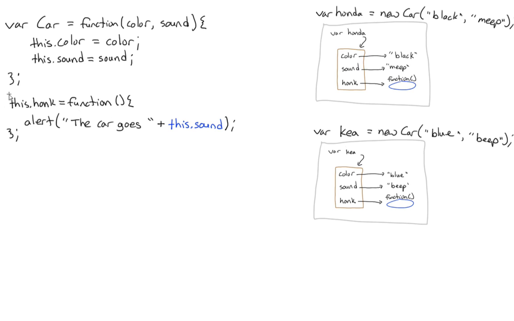Next, I don't want to have the keyword this in here. The reason for that is because when we're out here, the keyword this points to the window object. What I'm going to do instead is make use of JavaScript prototypes.